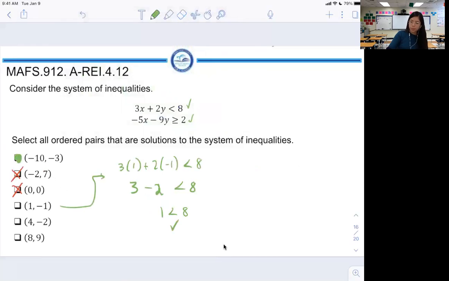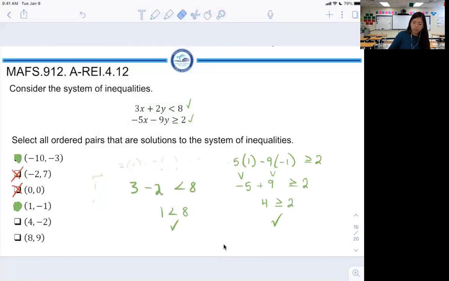Now I plug it into the bottom equation. Negative 5 times 1 minus 9 times negative 1. This would be negative 5. This would be plus 9. Negative 5 plus 9 is 4, and 4 is greater than 2. That works. This one's in.